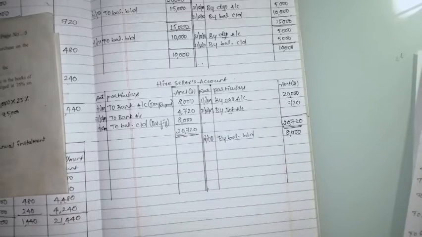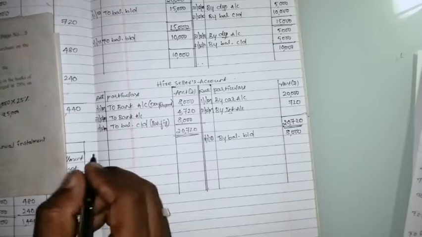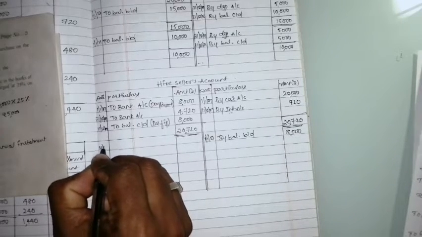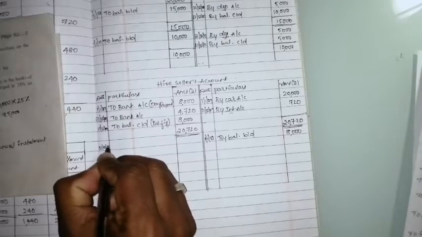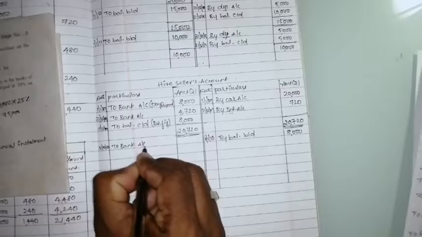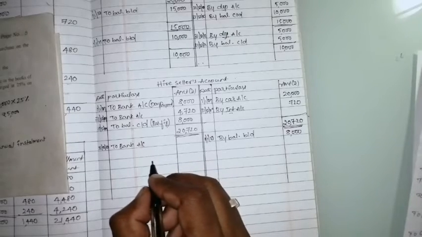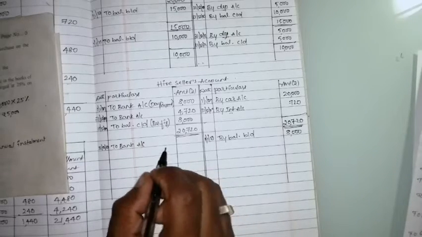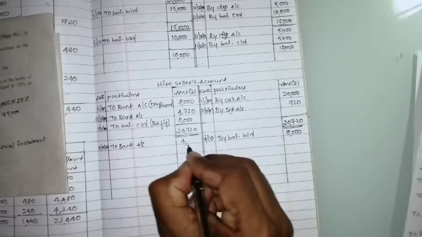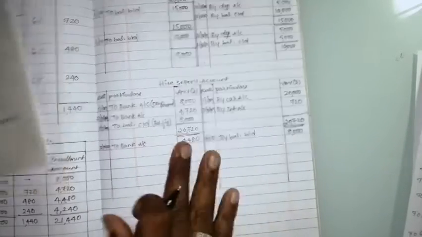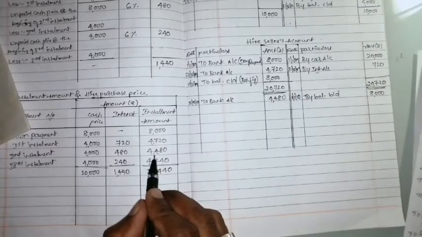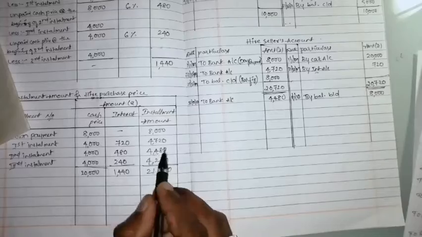Next, the second installment paid on 31st December 2010 to bank account. How much was the second installment paid? 4,000 rupees plus interest 480. 4,480. Here it is, the total second installment amount is 4,480.